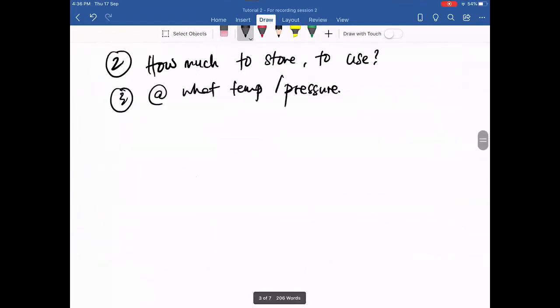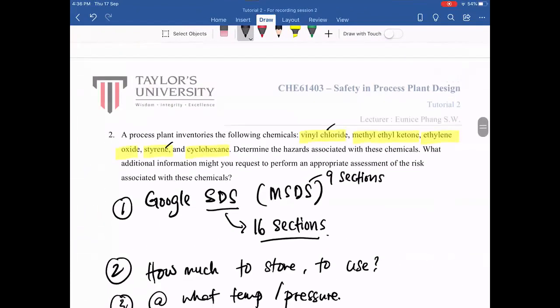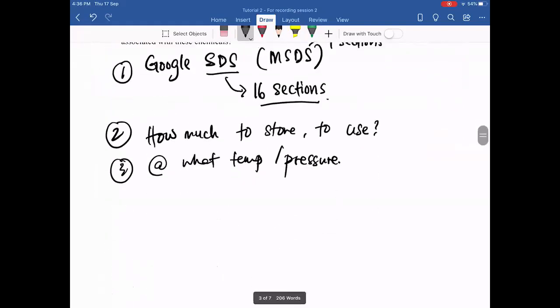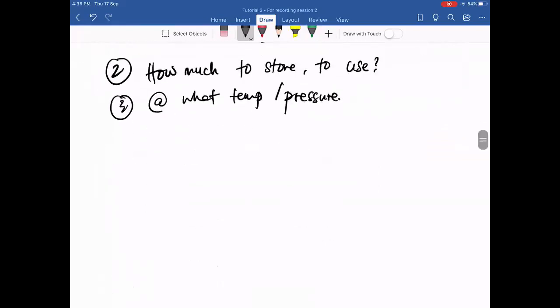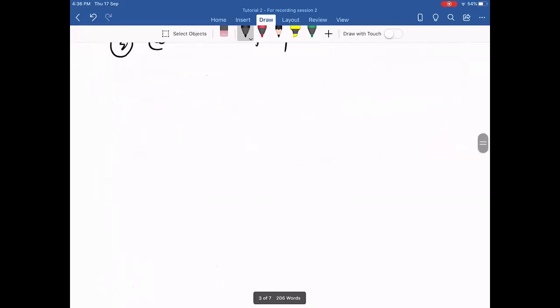Something similar to question 2, where I give you certain chemicals and you tell me in your own words what you want to do with them. You have to find the MSDS, find out this and that, and then tell me your plan. Those are open-ended questions.